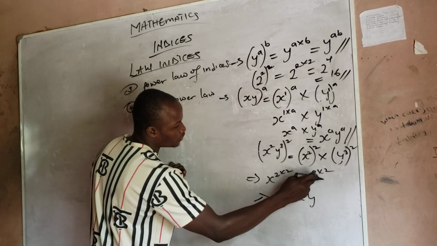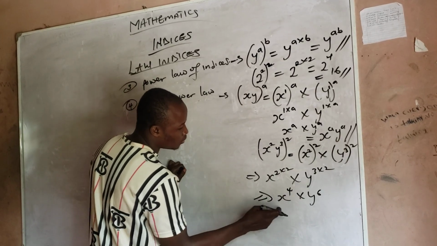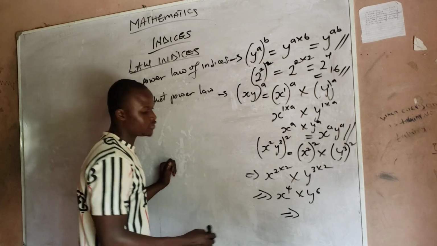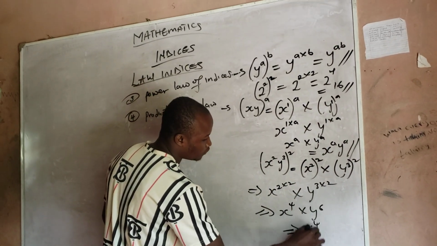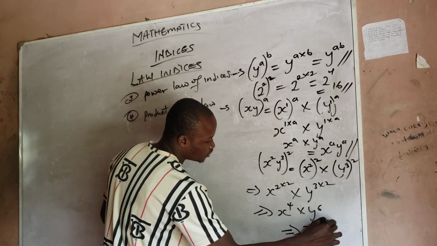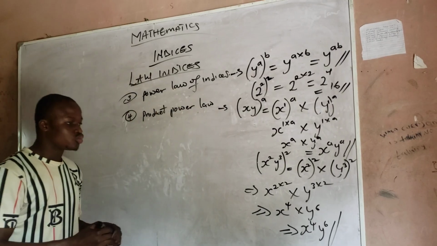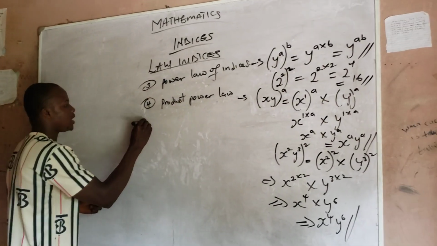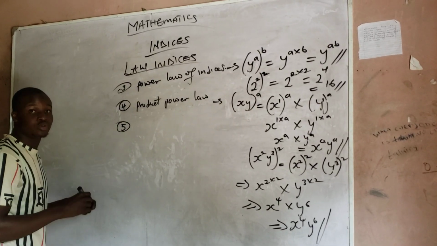Times y raised to the power of 3 times 2 is what? 6. When you multiply this together, you have x raised to the power of 4, y raised to the power of 6. This becomes your answer. So that's why it's the product power law. The next law, I'm going to stop here. In the next video, we continue again.